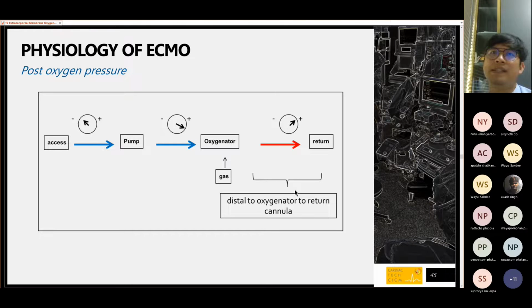So let's say this is the distal to return cannula pressure, a post-oxygenator pressure, a little bit lower than the pre-oxygenator pressure.